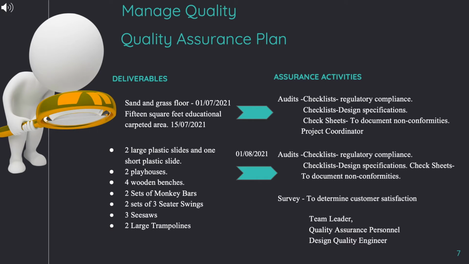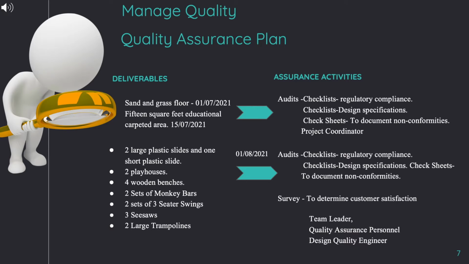It has a set of defined activities that provide confidence to the stakeholders that the final product will conform to their needs, expectations, and requirements. As we can see in this slide, we have defined assurance activities related to the deliverables.